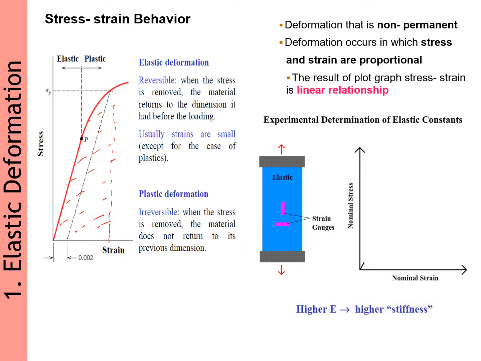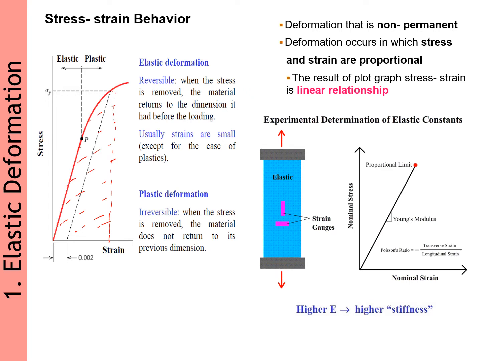So what is resilience? Resilience is the capacity of a material to absorb energy and then recover. This is associated with the modulus of resilience, denoted by U_R, where R is for resilience.